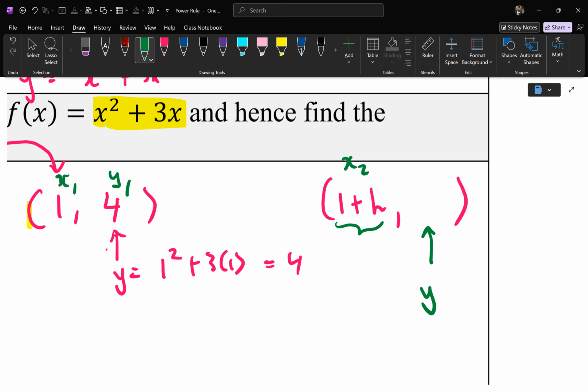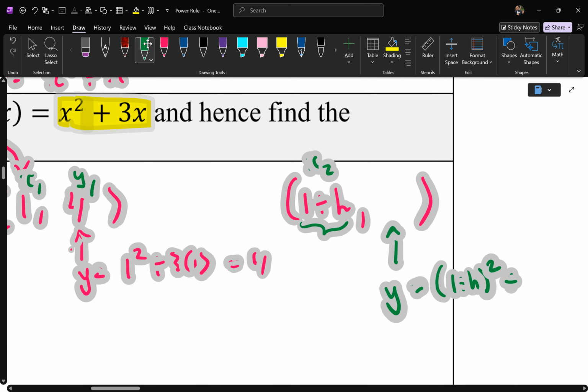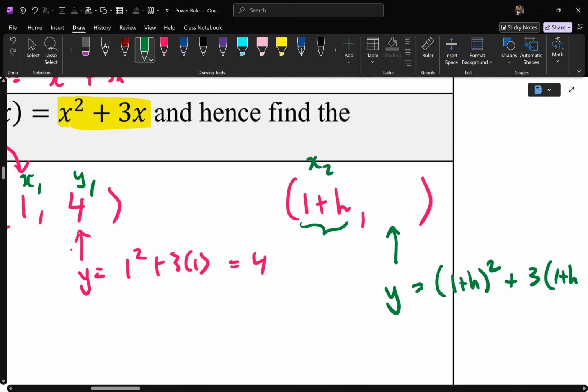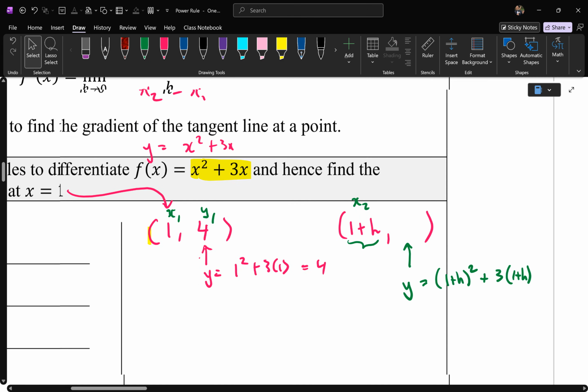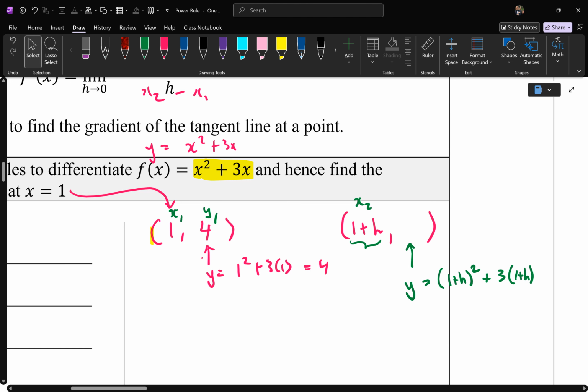This is your x coordinate. So what happens now is it becomes 1 plus h squared, because I'm squaring the x, and the x is 1 plus h, plus 3 times x, which is 1 plus h. That's the only part that actually troubles students a lot. That concept of being able to find the y coordinate.